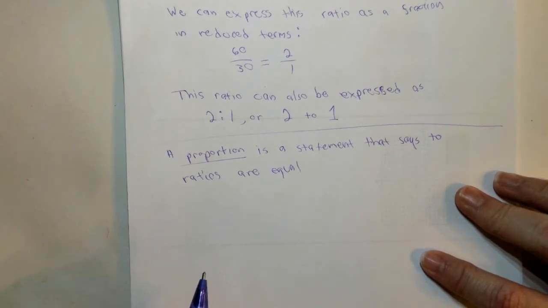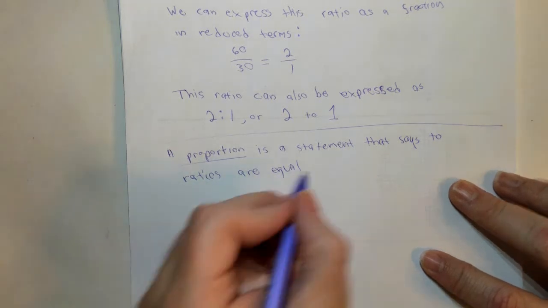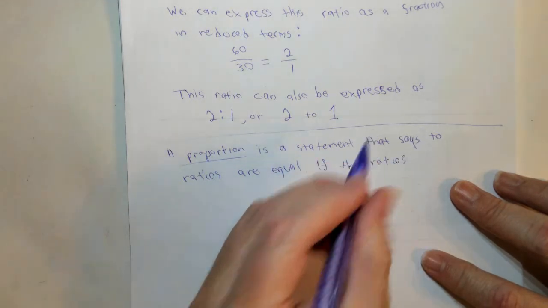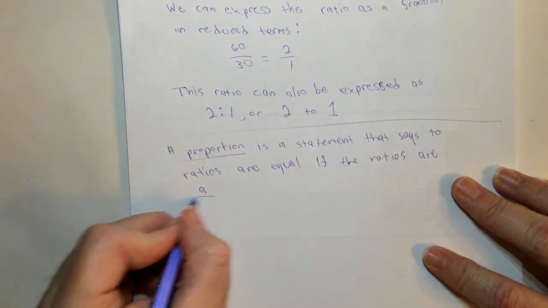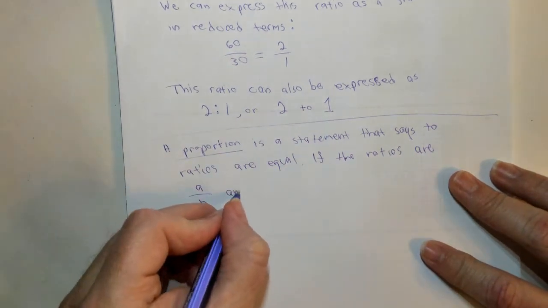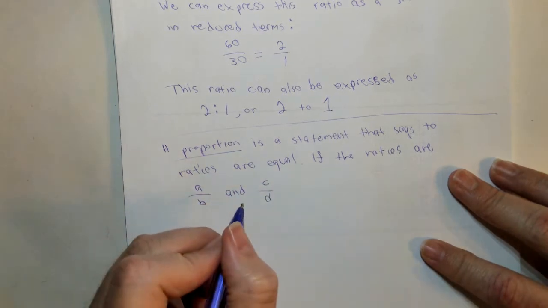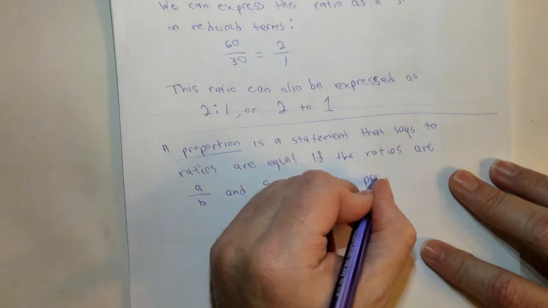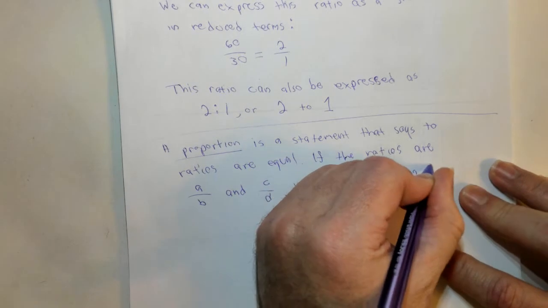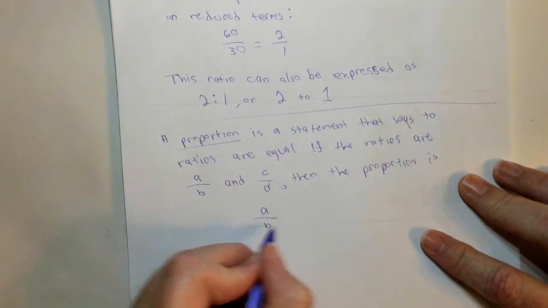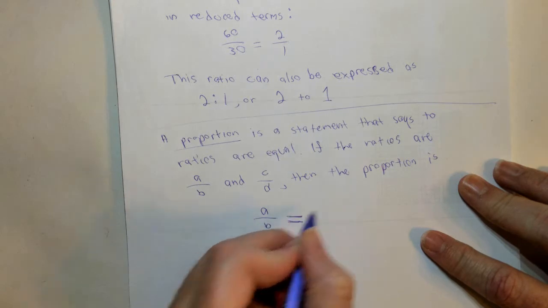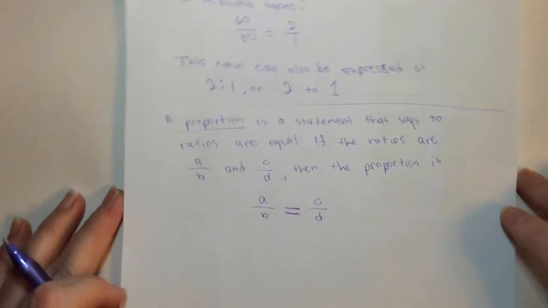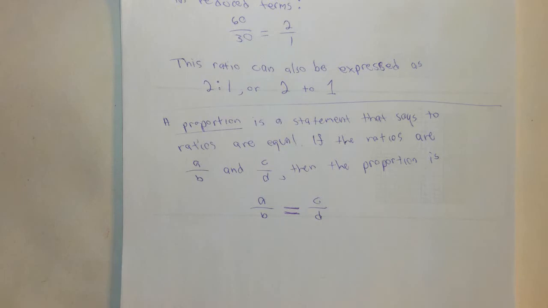So if the ratios are A over B and C over D, then the proportion is A over B equals C over D. And so we can clear this up by multiplying the common denominator to both sides.